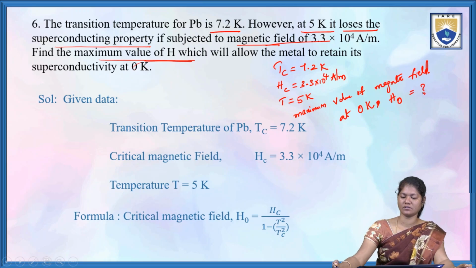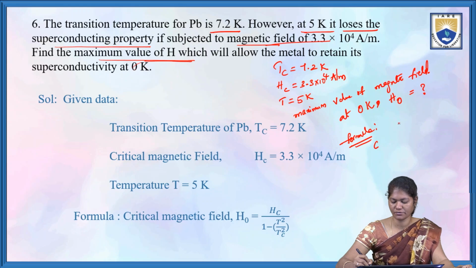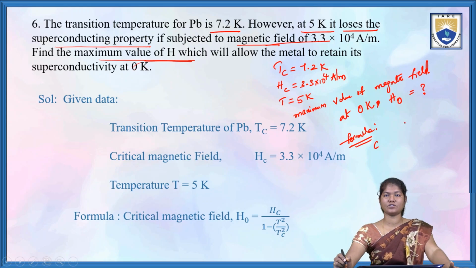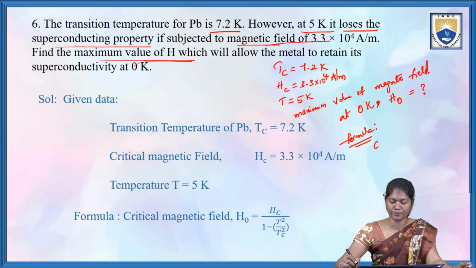So the formula to find H naught, critical magnetic field: H naught is equals to Hc by 1 minus T by Tc whole square.